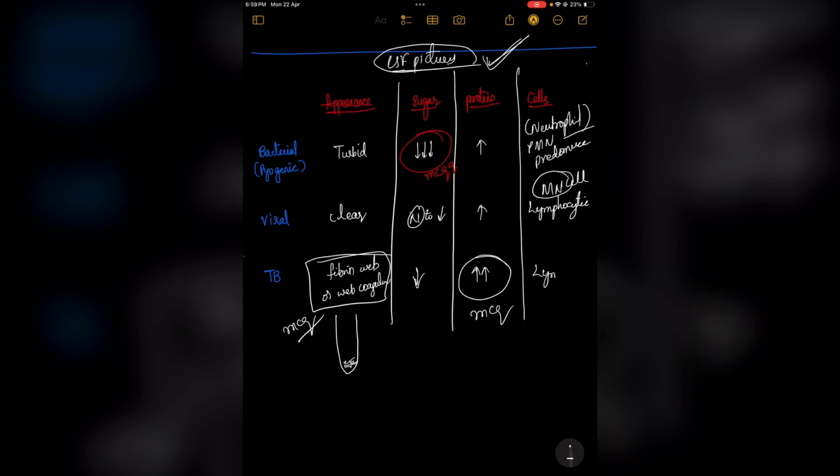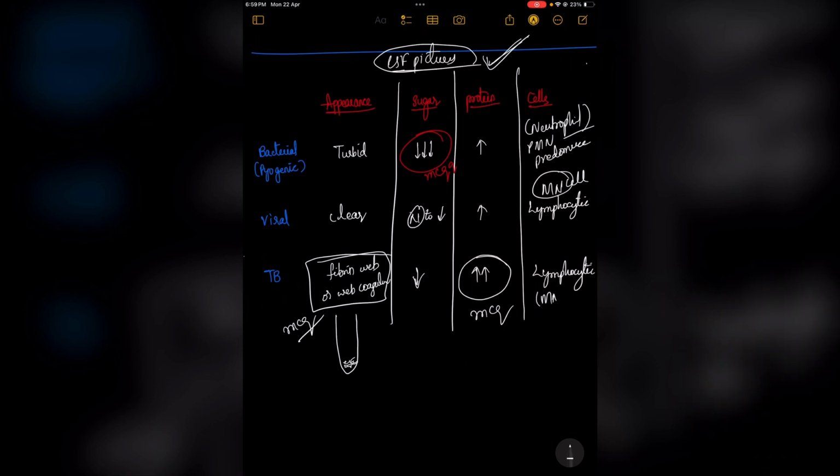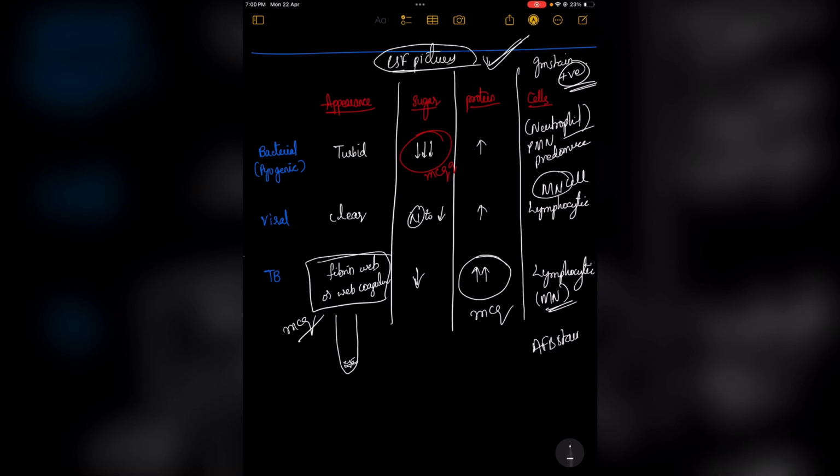Even in TB, there is lymphocytic predominance or mononuclear predominance. The other specific feature in bacterial meningitis is gram stain becomes positive in 70% of cases. In TB meningitis, AFB stain will be positive.